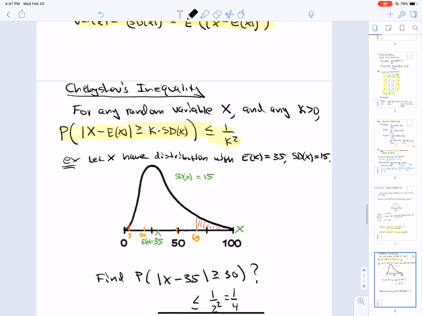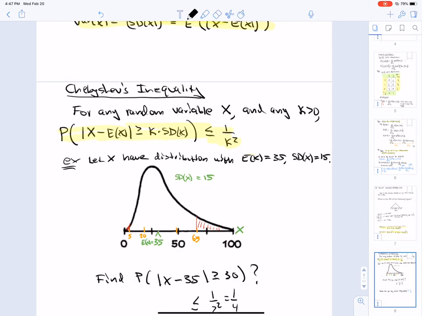An important application of this is Chebyshev's inequality, which, like Markov's inequality, provides an upper bound. For any random variable x and any k greater than 0, it says that the chance to be in the tails, in other words, to be more than k SDs from the mean, is less than or equal to 1 over k squared.